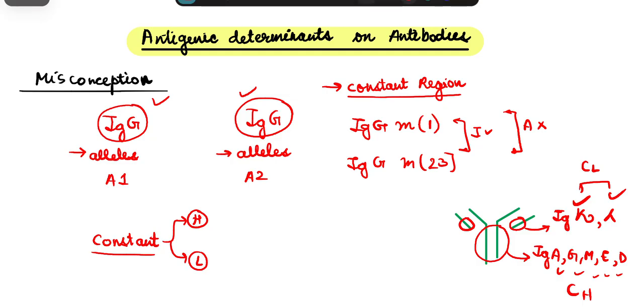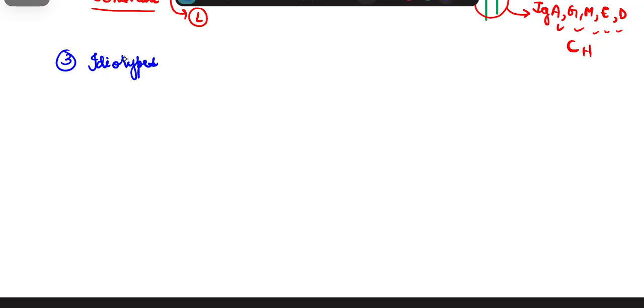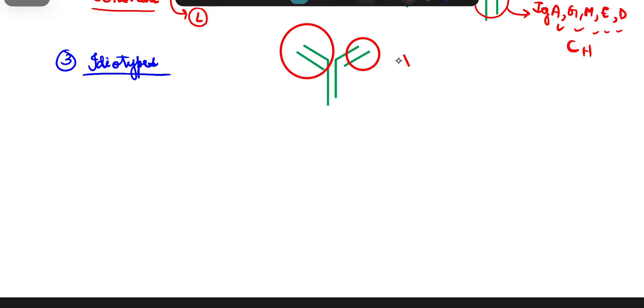Now let us come to the last important one, that is idiotype. What do you mean by idiotype? Let's discuss idiotype here. Idiotype is another important part because it depends upon the functionality of that antibody. So mainly the idiotypic portion will be determined by the variable part.